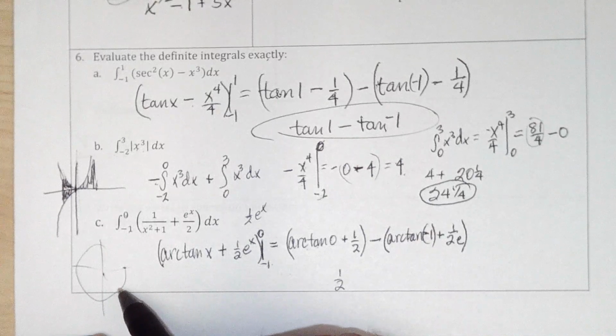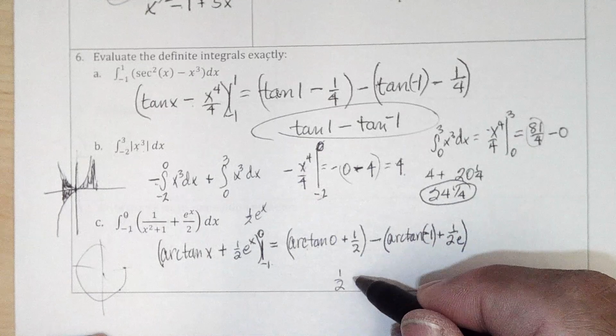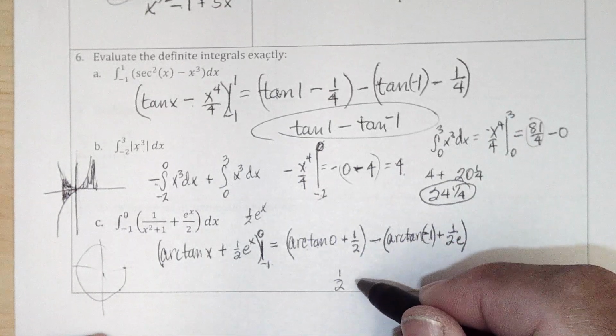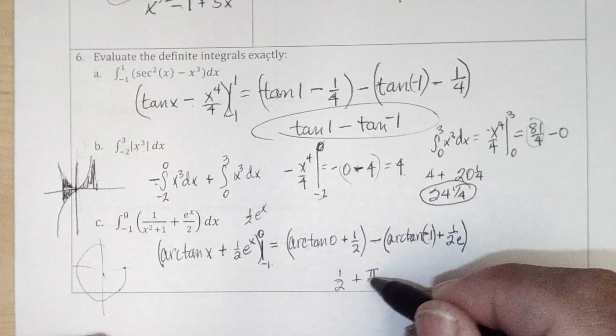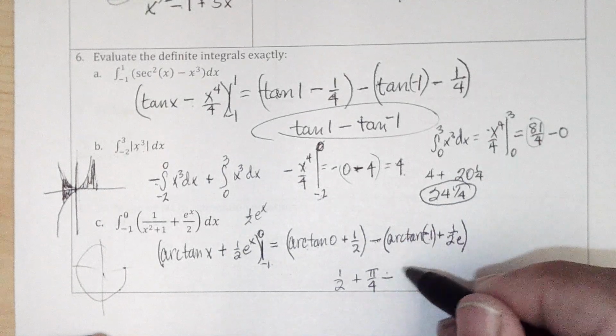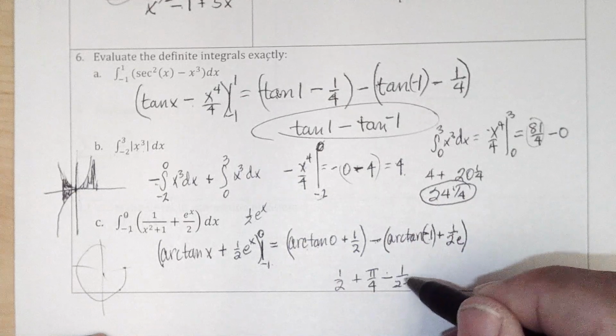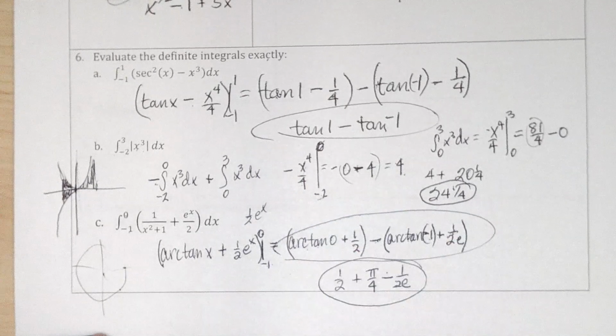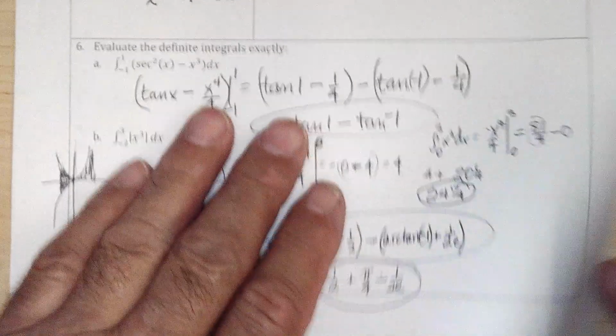That would be negative pi over 4. So the minus of minus pi over 4 is plus pi over 4. And then minus this would be -1 over 2e. Again, you didn't have to go that far. That would have been an okay answer.